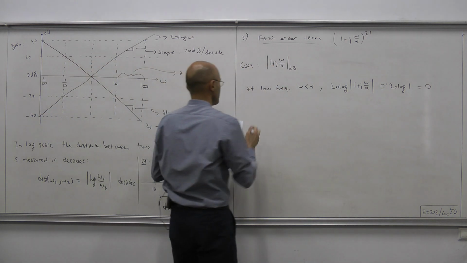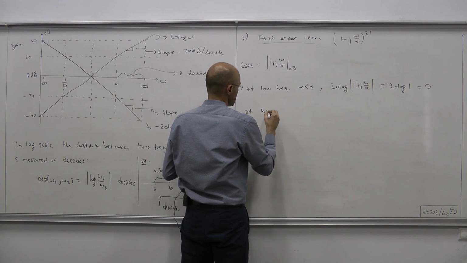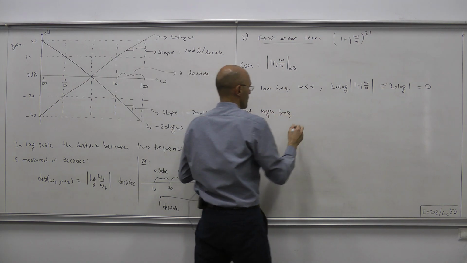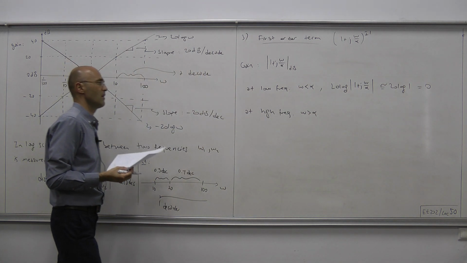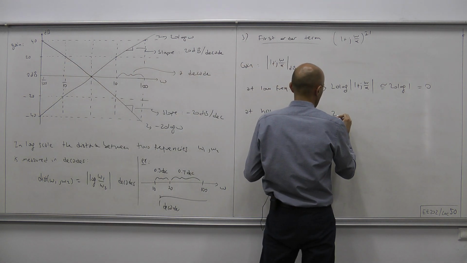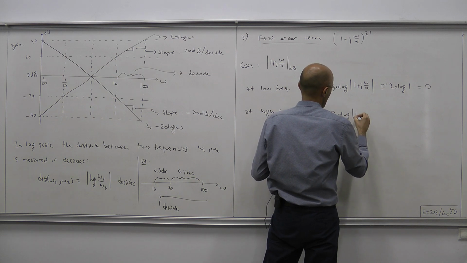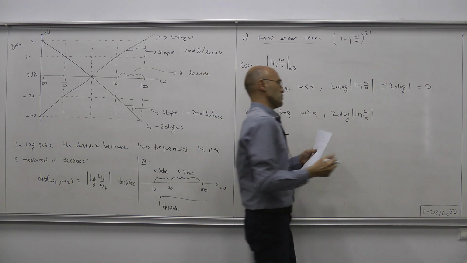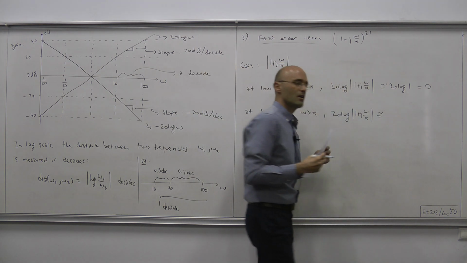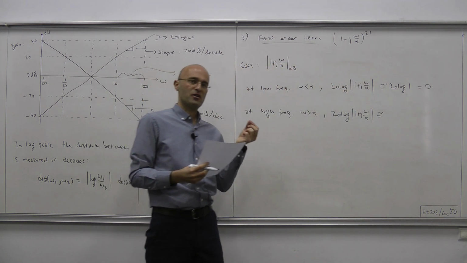At high frequencies, by which we mean omega frequencies larger than alpha, 20 log of the magnitude of 1 plus j omega over alpha can be approximated by the magnitude of its imaginary part only.